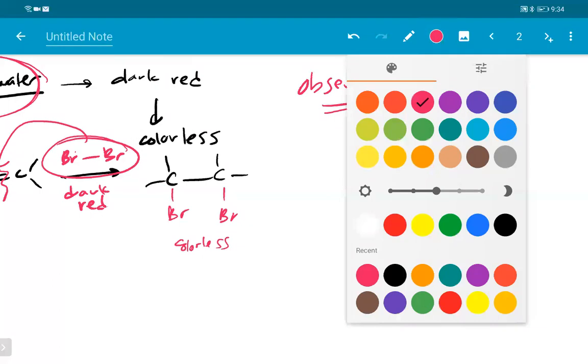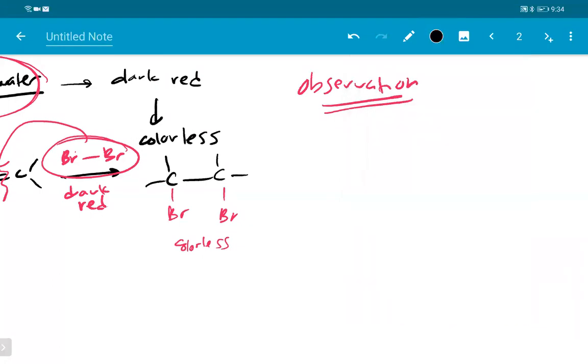So, the observation for bromine is you should notice that upon the mixture of the hydrocarbon and the bromine water, the solution will be becoming dark red, and then if it is positive, it will turn into colorless. Alright, sekali lagi, tolong jangan buat point.